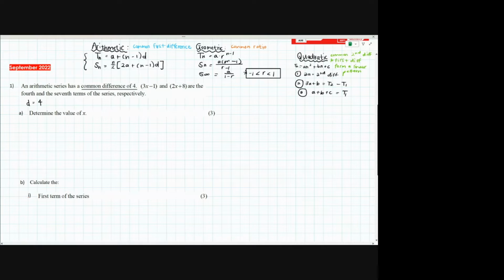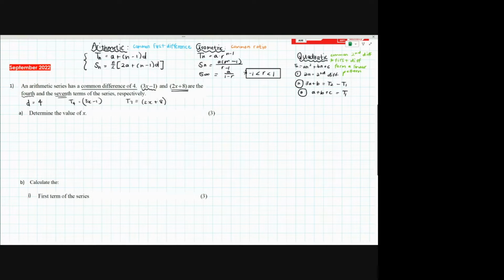This 3x minus 1 is my fourth term, so term 4 is equal to 3x minus 1. I'm just going to keep it in brackets for now. And 2x plus 8 is equal to my 7th term. That is the information I have to work with for this arithmetic series.